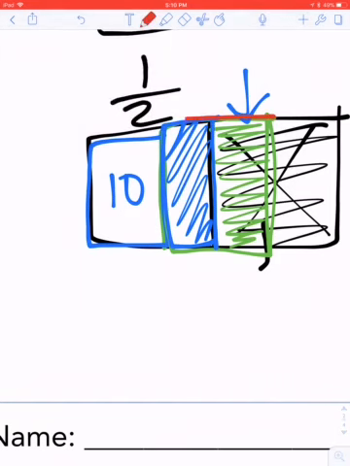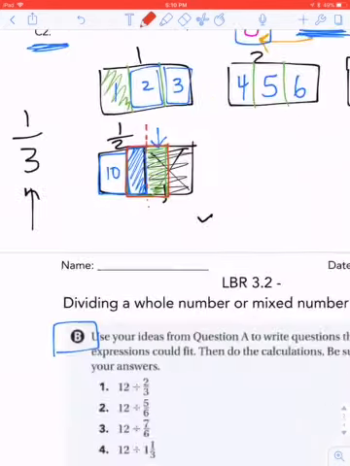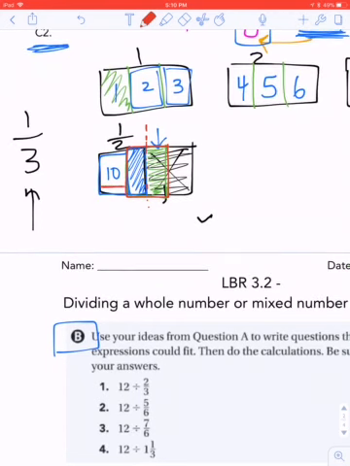So this 1/3 section is really split right down the middle. So I get 10 whole cups, and then the next cup is split in half.